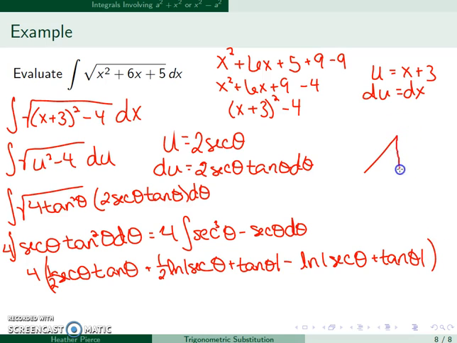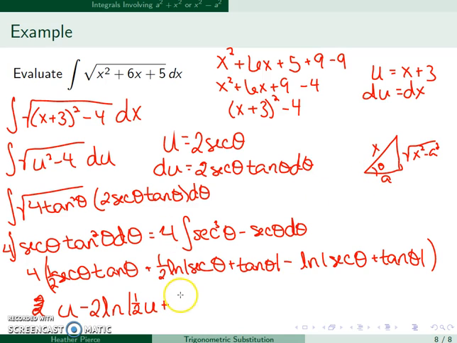If I think of my triangle here, here's theta. This side here will be x squared minus a squared. Here's x, and here's a. So multiplying this out, I have 2 secant theta which is u. And this is minus 1/2 times 4, so minus 2, times ln of secant theta, which is 1/2 u, plus tangent theta.